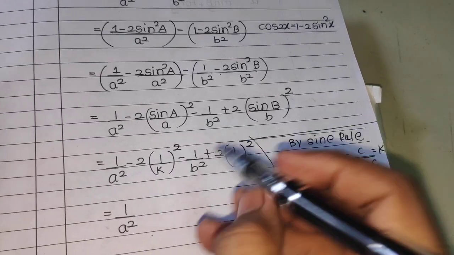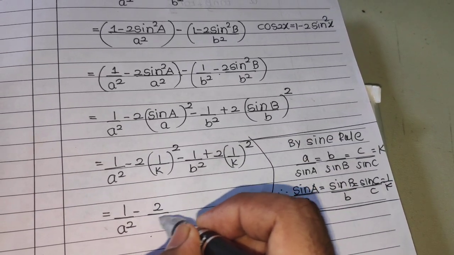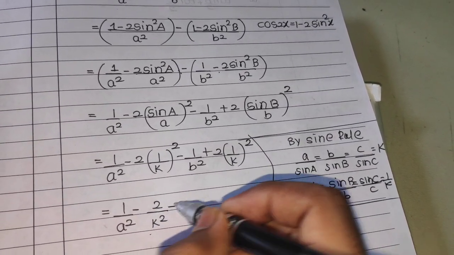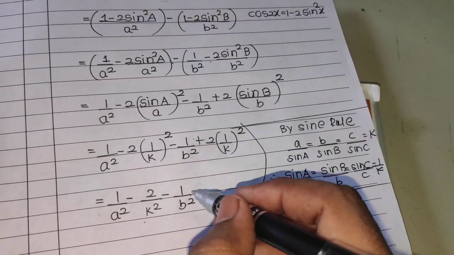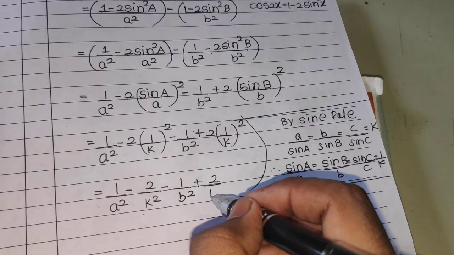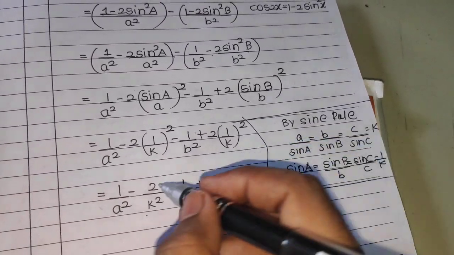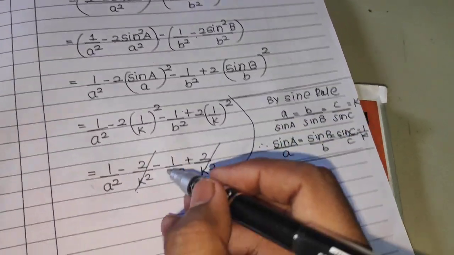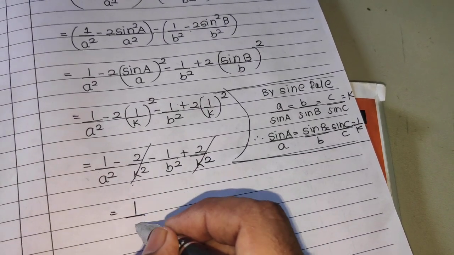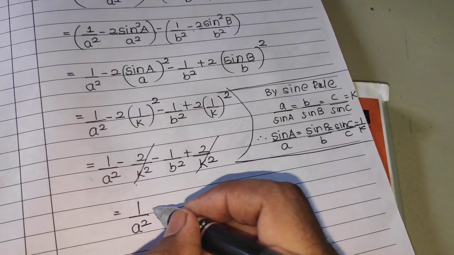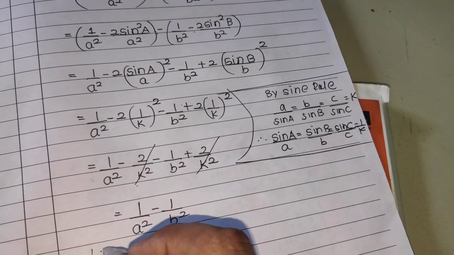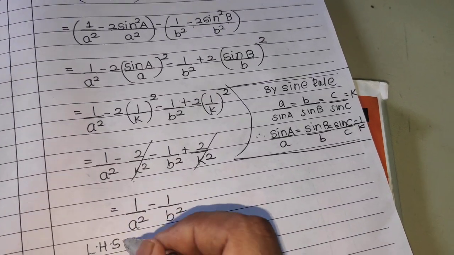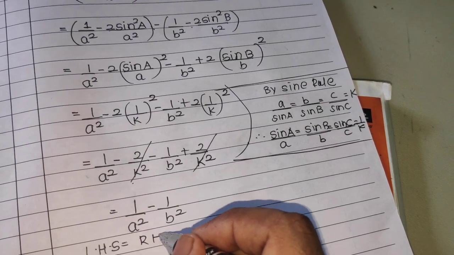So 1 upon a square minus 2 upon k square, minus 1 upon b square with positive sign 2 upon k square. I think there's a definite chance of cancellation, and what we are left with is 1 upon a square minus 1 upon b square. This shows LHS equals RHS.